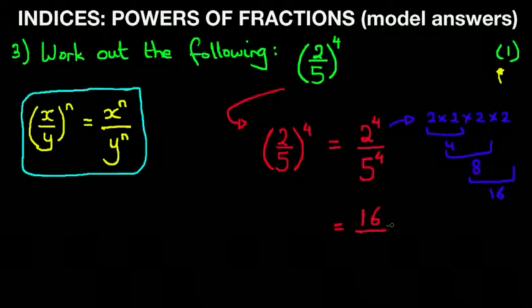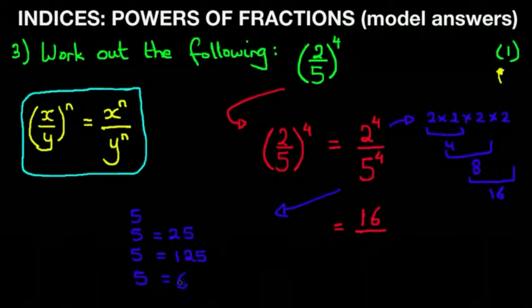And now we've got 5 to the power of 4. And we can write this down like this. 5 times 5 is 25. 25 times 5 is 125. And the last 5 we multiplied by equals 625.